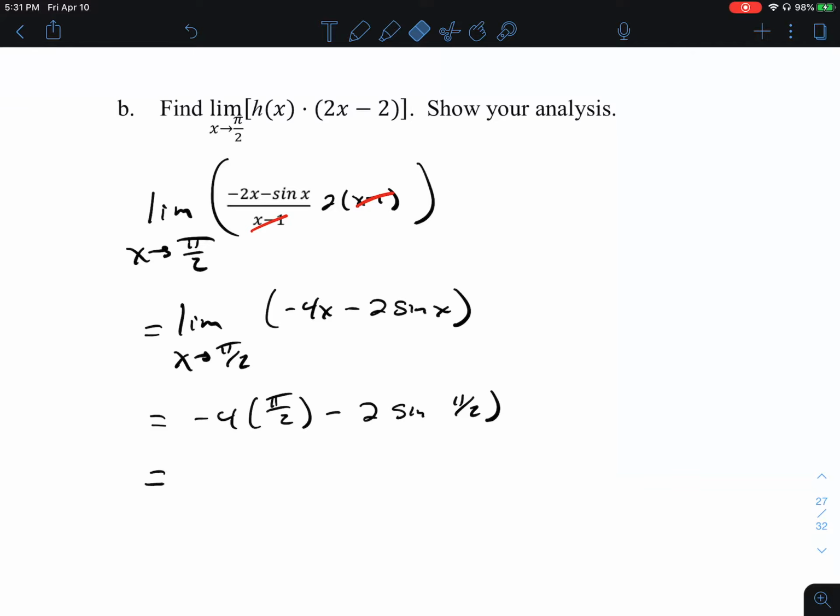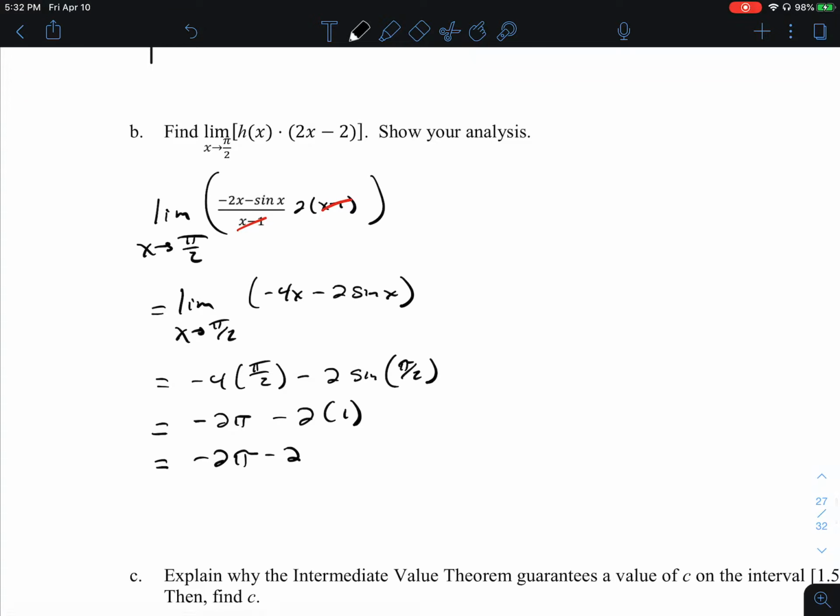That's weird. So I'm going to have negative 4 times pi over 2. You can cross cancel and divide the top and bottom by 2 and get negative 2 pi. So this is going to end up being negative 2 pi minus 2. Sweet.